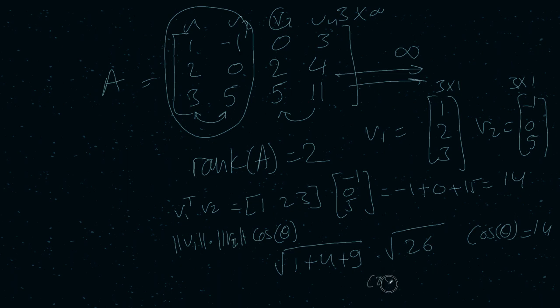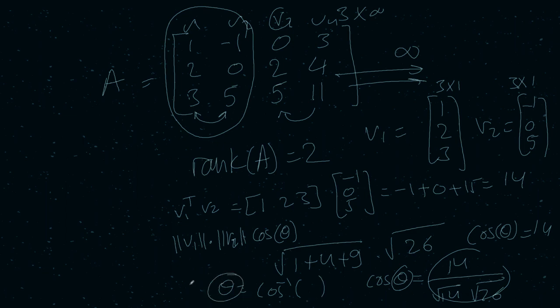It means that cosine theta equals 14 divided by square root of 14 times square root of 26. Now, by solving this, you can find the value of theta as the cosine inverse of this value, and then you can find the angle between v1 and v2. Okay, this is what I promised to show to you.